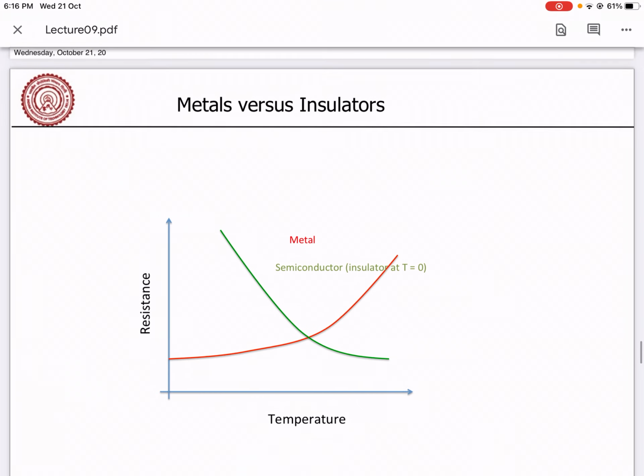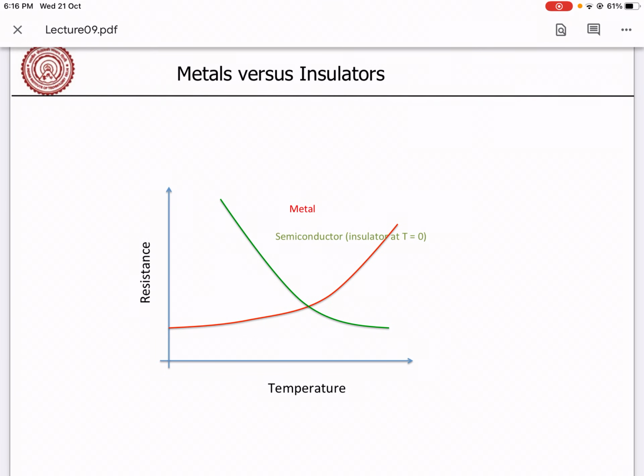Now before that, let me ask you. Suppose I give you a piece of copper and a piece of silicon, and I ask you to find out which is a metal and which is possibly a non-metal, or an insulator.